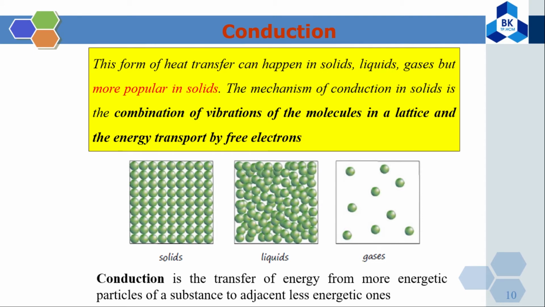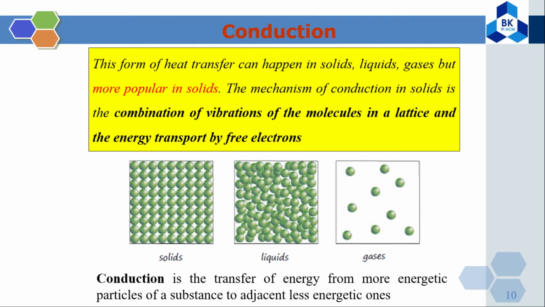So now we go into detail on these three heat transfer mechanisms. First is conduction. This form of heat transfer can happen in solids, liquids, and gases, but is more prevalent in solids. The mechanism of conduction in solids is the combination of vibrations of the molecules in the lattice and energy transport by the free electrons.